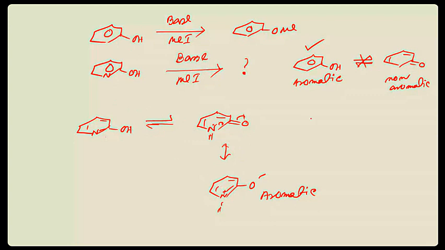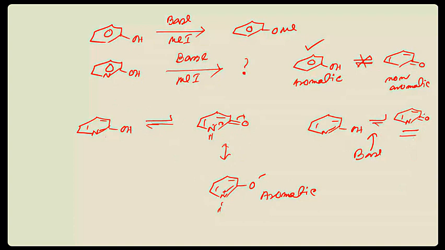So basically, let's say this is the OH group. When the base comes to abstract this OH proton, this structure is going to puzzle the base. When the base is approaching pyridine, the base is seeing this moiety, so there is no more option to abstract. The base is puzzled by this kind of structure because it has significant contribution, and this form can again be aromatic through this kind of resonance.